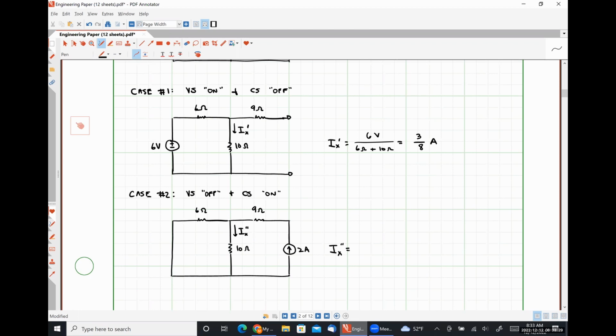You could absolutely use a couple of other different things, but current division is the easiest way to do it here. So if we apply current division, we're going to have 2 amps multiplied by the ratio of 1 over 10 ohms divided by 1 over 10 ohms plus 1 over 6 ohms.